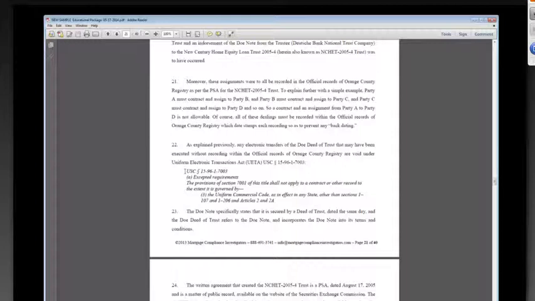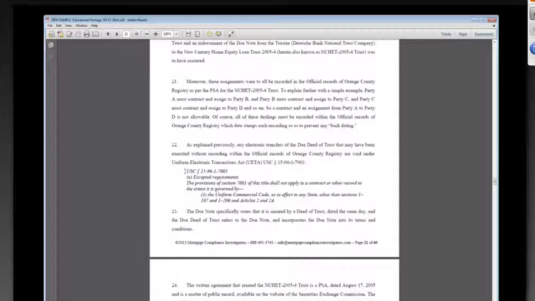Below that is an excerpt from that statute, which states, excepted requirements: the provisions of Section 7001 of this title shall not apply to a contract or other record to the extent it is governed by the Uniform Commercial Code, as in effect in any state, other than Sections 1-107 and 1-206 and Articles 2 and 2A.